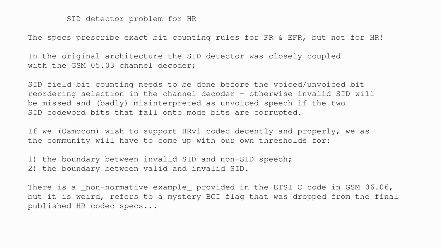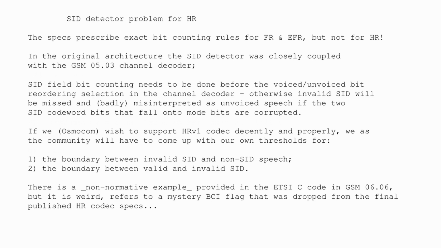But now imagine if those 2 bits just happen to get corrupted. Now suddenly your invalid SID will appear to be unvoiced speech. And if the SID detector completely misses it, then the unvoiced speech, a bogon at that point, will go straight through to the decoder, and the decoder will produce unpleasant noises.